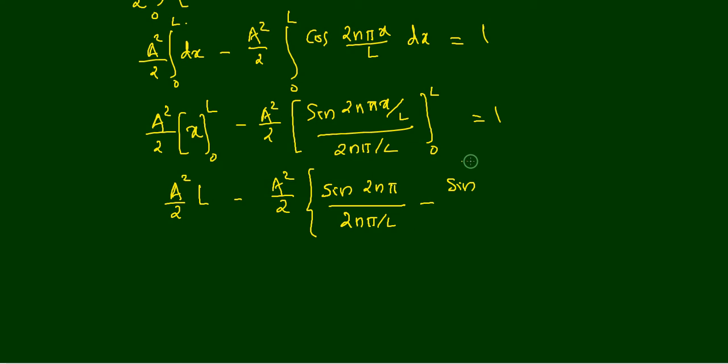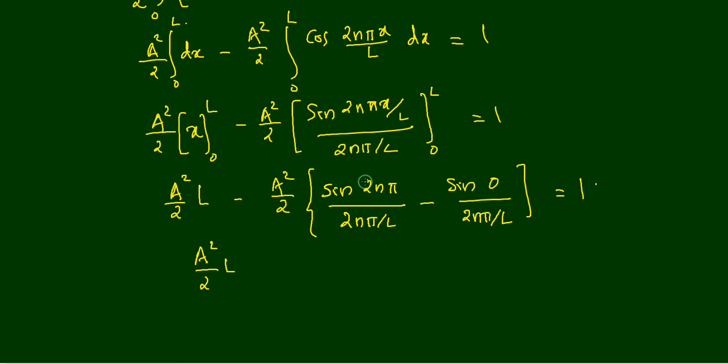So sine 0, okay. So x is equal to 0, then it will be sine 0 divided by 2n pi divided by L. Okay, that is equal to 1. Or we can write it as a square by 2 into L minus a square by 2 into sine 2n pi.